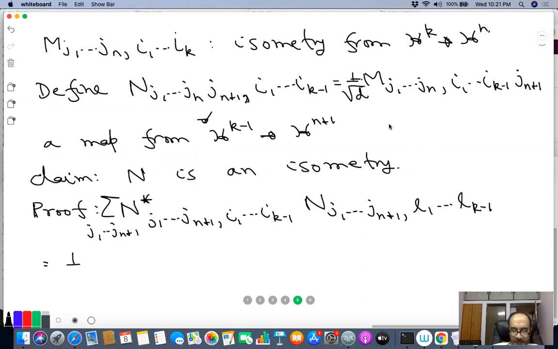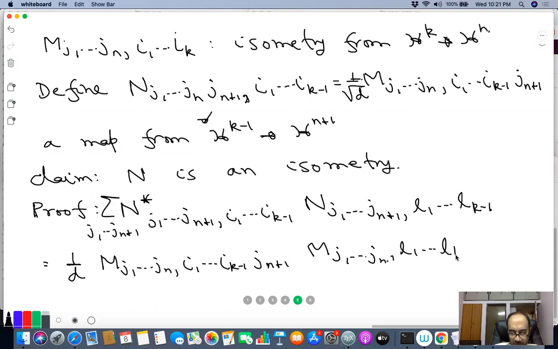Now let's substitute. So this is 1 over d times M of J1 to Jn, I1 to Ik minus 1, Jn plus 1, and M of J1 to Jn, L1 to Lk minus 1, Jn plus 1. You are still summing over the same J1 to Jn plus 1.